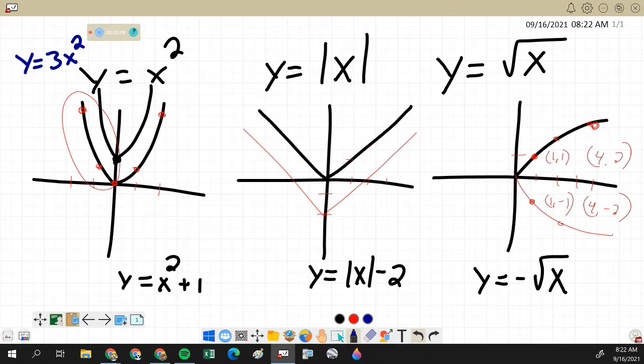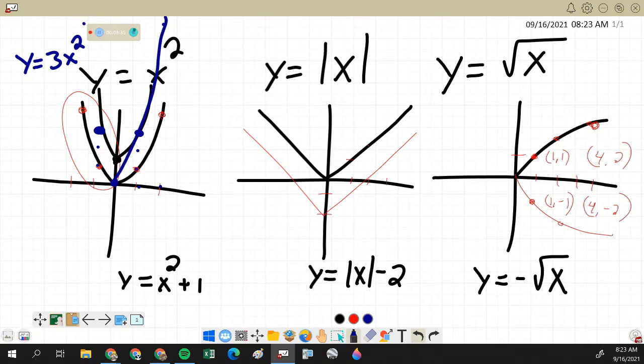So normally we go over 1, up 1, but now we're going to go over 1, up 1, 2, 3. And over 1, up 1, 2, 3. And then we usually go over 2, up 4. But now we're going to go up 12 because it's 4 times 3. So it'd be way up here.